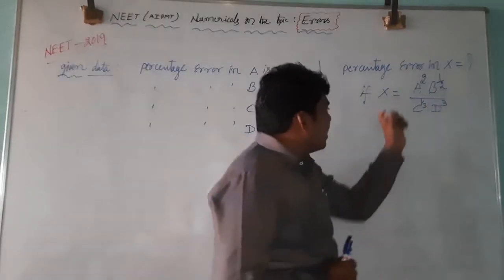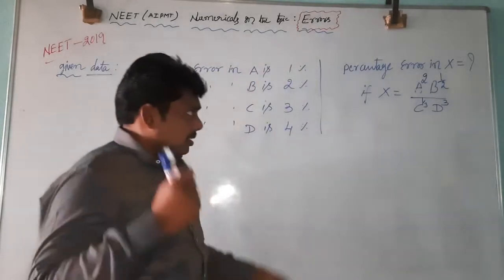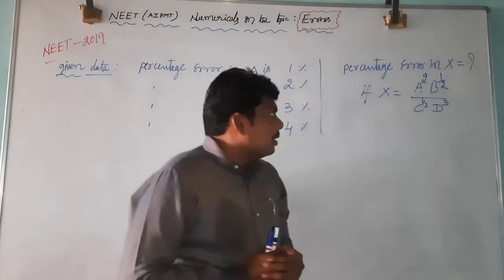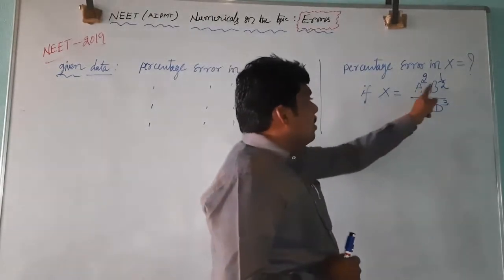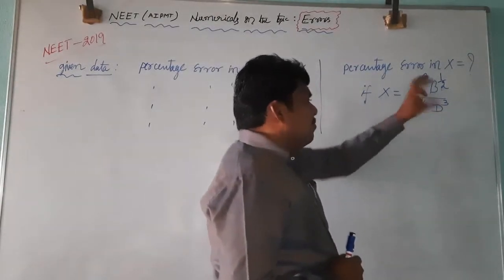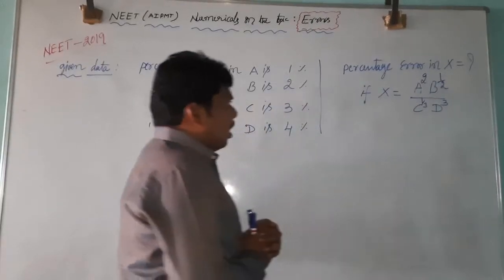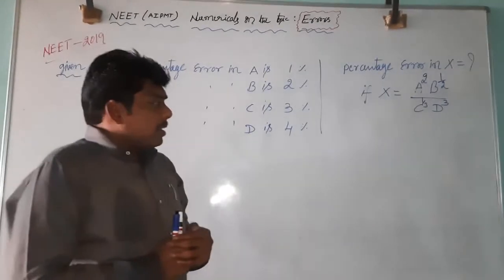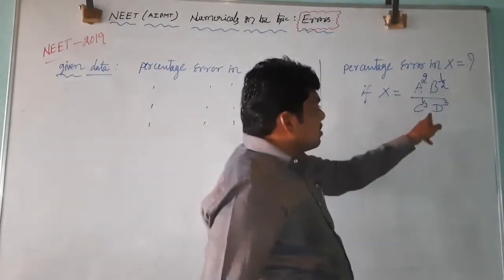Now, how is X related with A, B, C, D? Yes, in the question itself they have given the physical quantity X is related with A, B, C, D in this order. If you observe the given data, you will come to know that whatever the physical quantity X is there, that is related with A, B, C, D in this order.